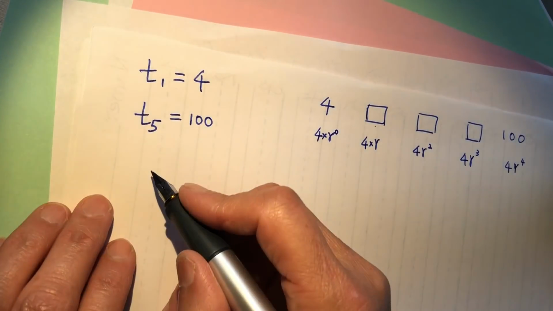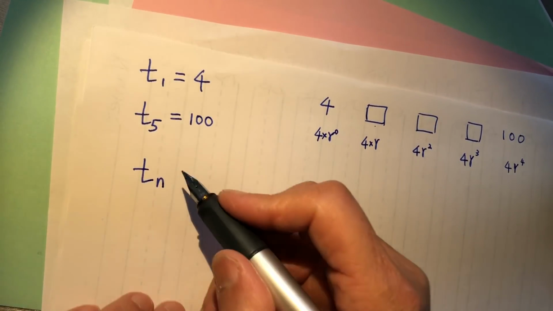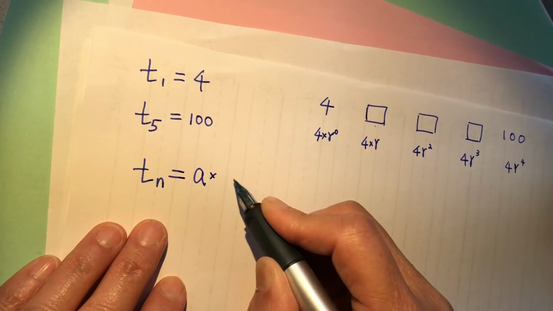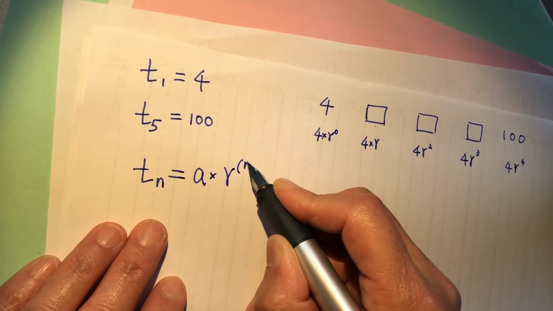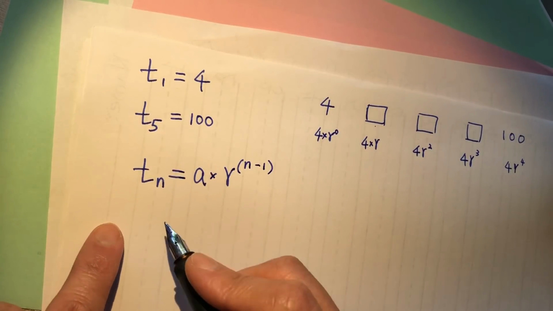Okay, and we know the formula Tn equal to a times r to the power of n minus 1.